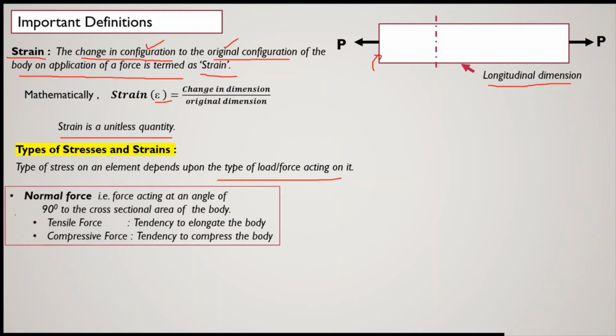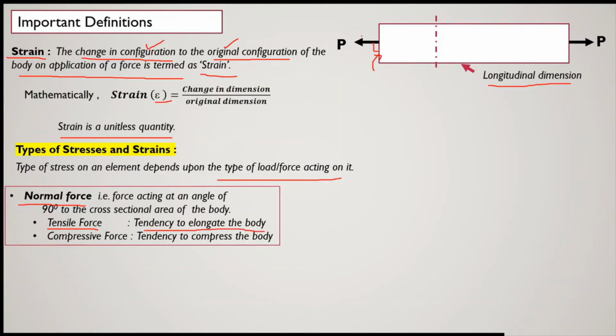Now, in general, we will be interested in normal force. If you see here, this force is making an angle of 90 degrees, so it's a normal force: force acting at an angle of 90 degrees to the cross-section area of the body. Now, a tensile force has the tendency to elongate the body.